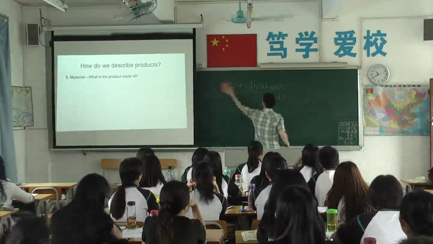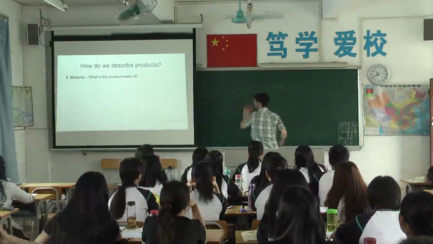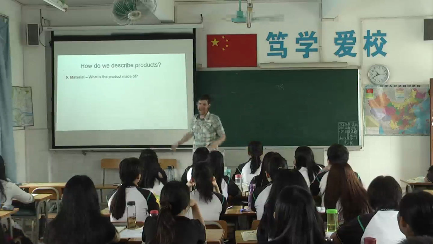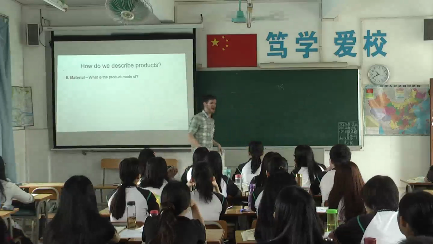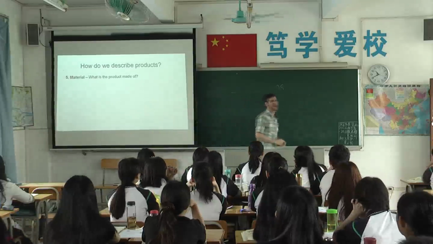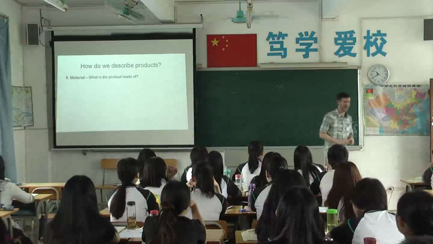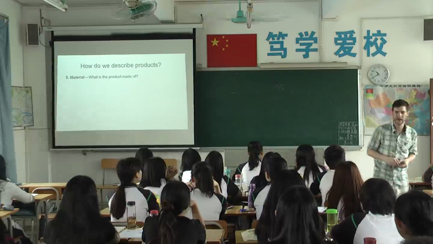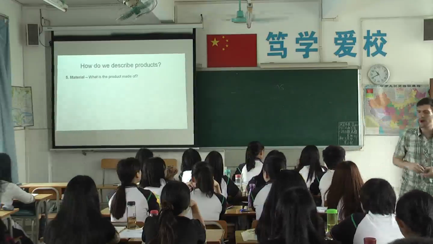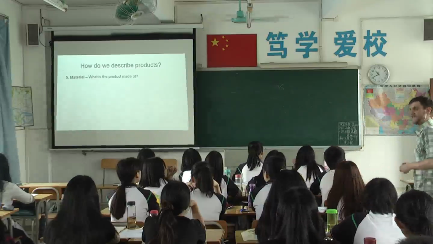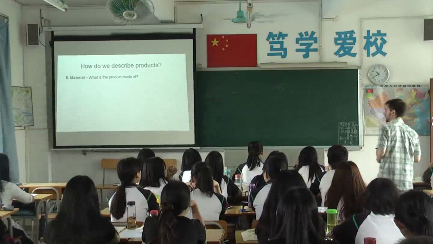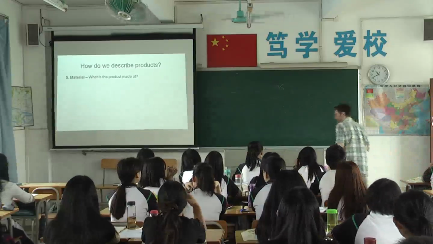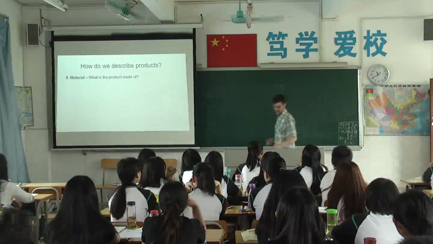So, we have hundreds and hundreds of materials in the world. We do not have enough time in the day to talk about all of them. But we can talk about a few that are very popular, that a lot of products are made of, right?